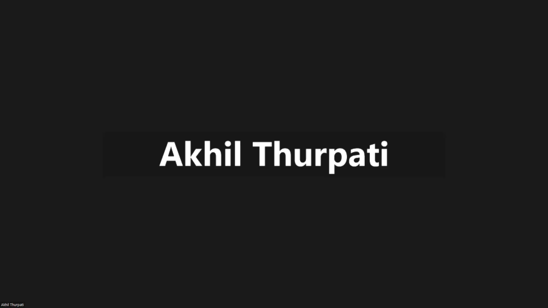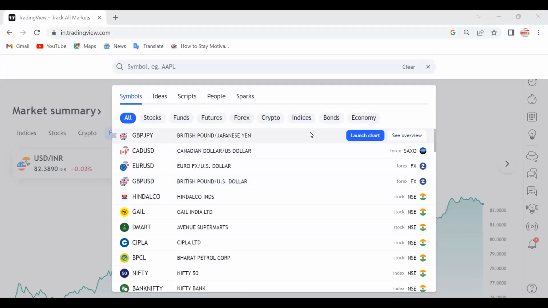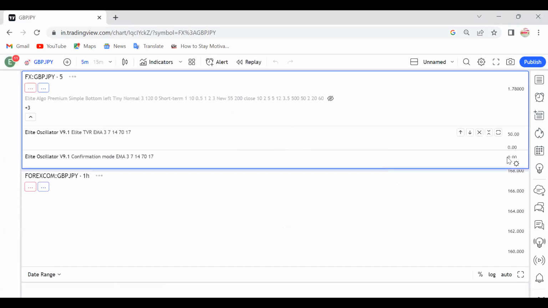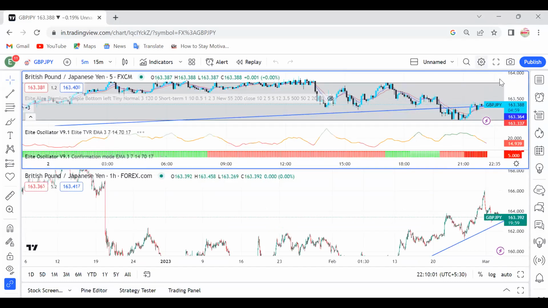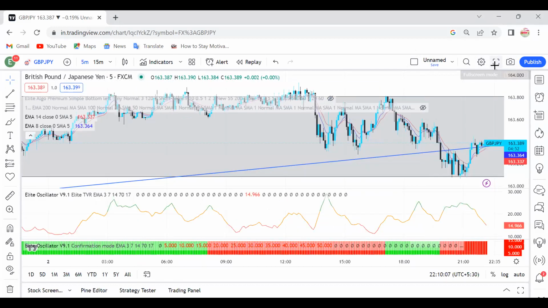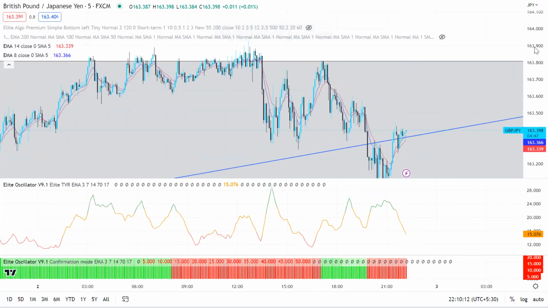GBP JPY. Okay. Shall I share your screen again? Show again? Yes, because it wasn't showing. What about now? Now, yes. Okay. GBP JPY.